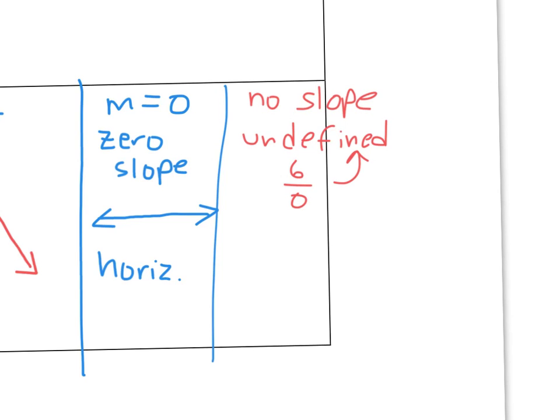This is one of the few times in math where the word no does not mean 0. Oftentimes, if we say, I have no dollars, I write down a big 0. But in this case, no slope and zero slope mean something different. And of course, we see that a no slope would be bungee jumping straight down, straight up.